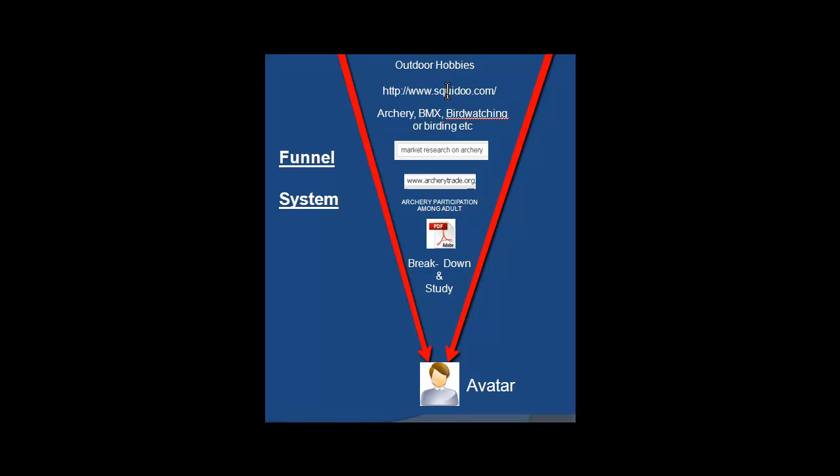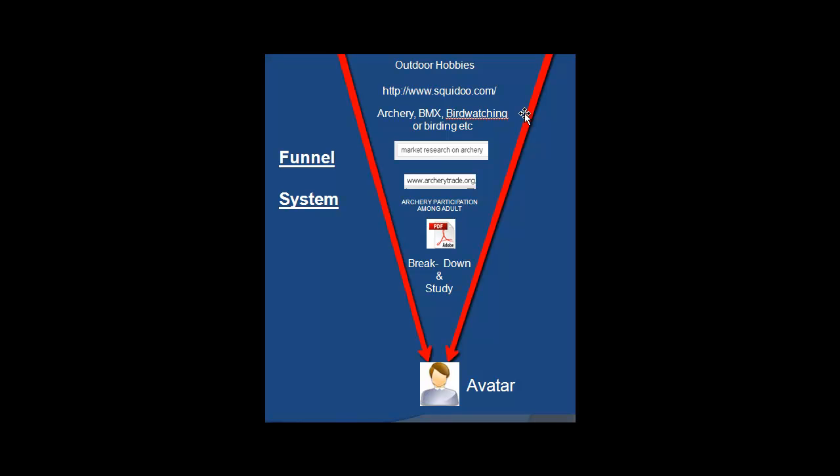If you know about SEO, it's just for driving traffic and for page ranking and all that kind of SEO stuff. That came up, and there are a bunch of topics there: archery, BMX, bird watching or birding, etc. And I couldn't find what I'm looking for.